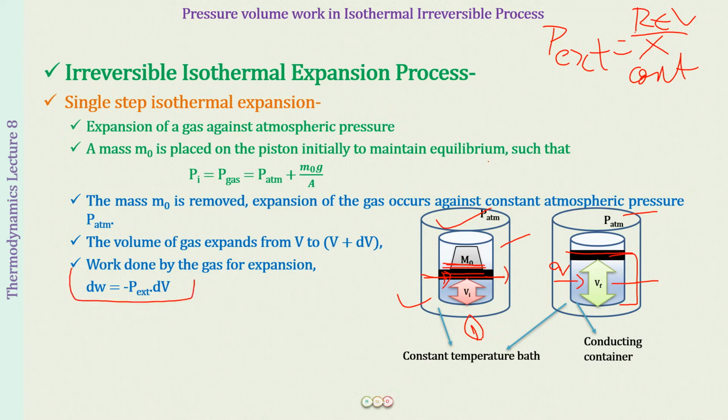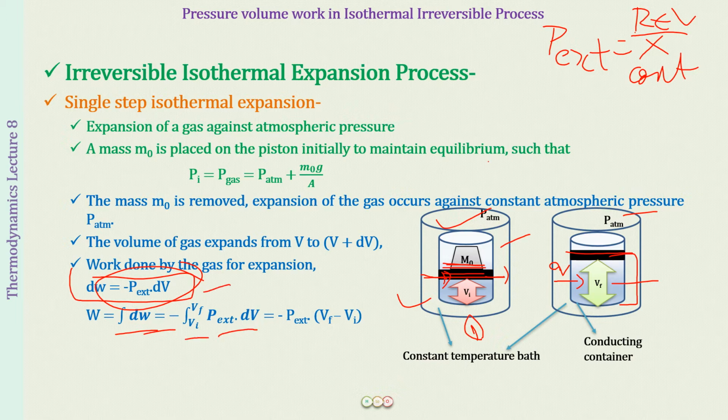So this is the work done for a small amount of volume, and if we talk about the whole volume Vi to Vf, we can integrate this to get the complete work done. That complete work done is going to be minus the integral of P external dV from Vi to Vf, and the negative sign in front we have put so that the answer comes in accordance with the sign convention.